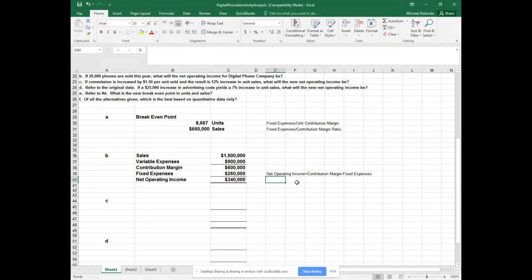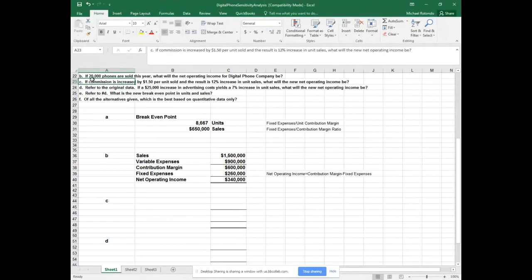Okay, so in this case, net income would be 340 if this situation were correct. Now, when we use sensitivity analysis, we can change things and see how that would change our net income. And that's why it's called sensitivity analysis, because the costs are sensitive to these changes.